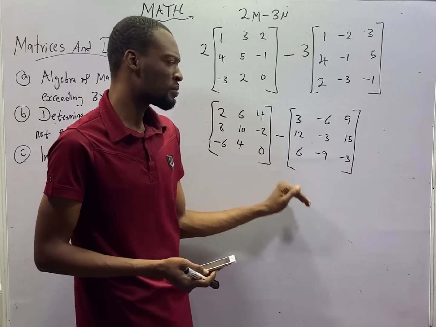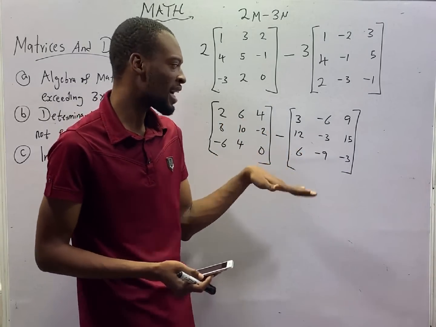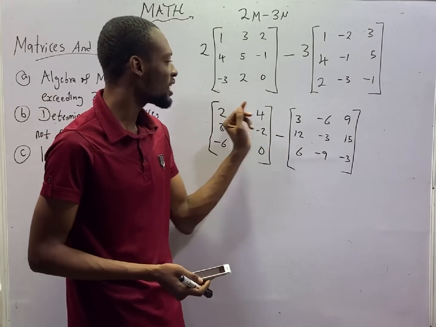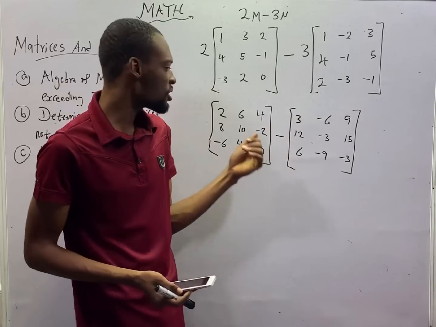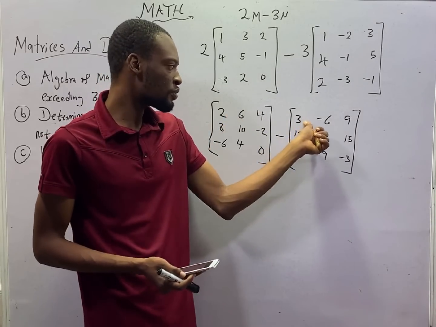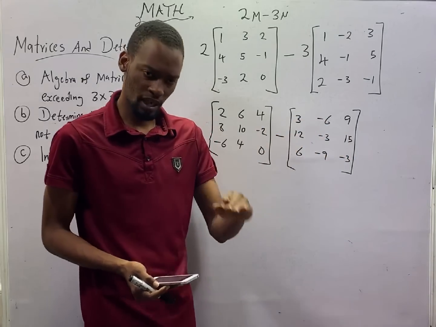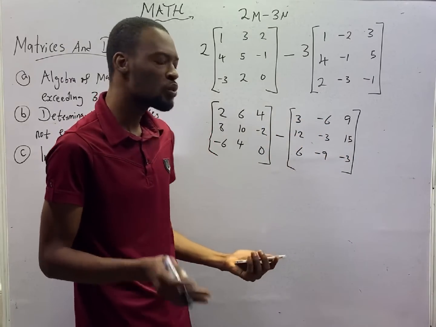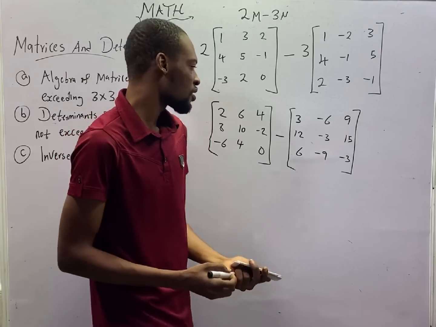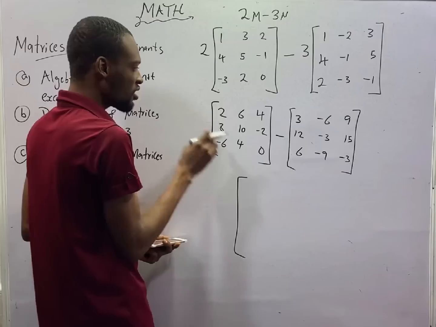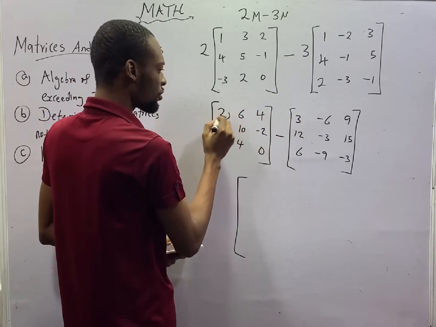So the way we subtract matrices is also the way we add matrices. While adding the matrices earlier, we said add the corresponding elements, meaning 2 and 3 here, they are in the same position, you add. 6 and minus 6 are in the same position, you add. That is how we also do for subtraction. You subtract the ones that are in similar position. Here, 2 and 3 are in the same position.